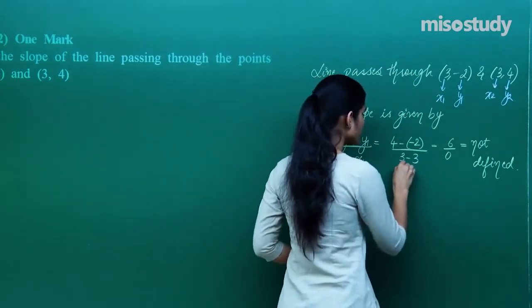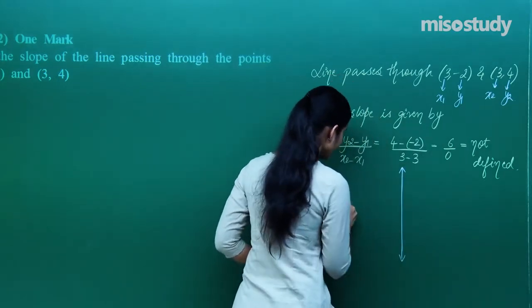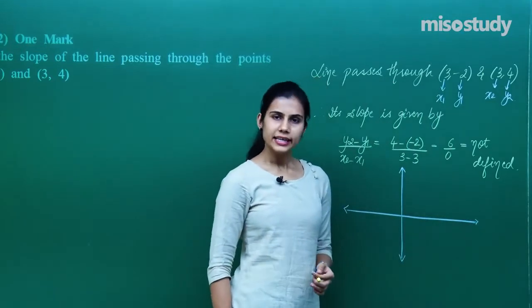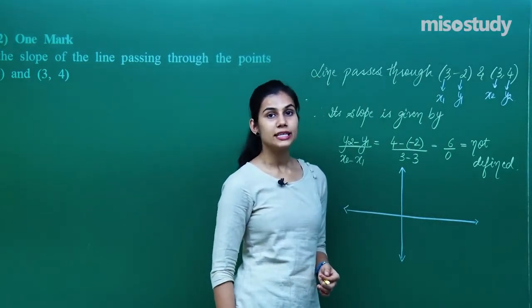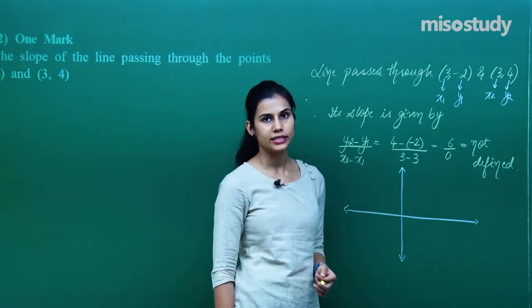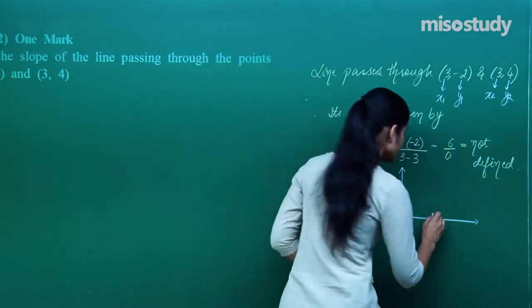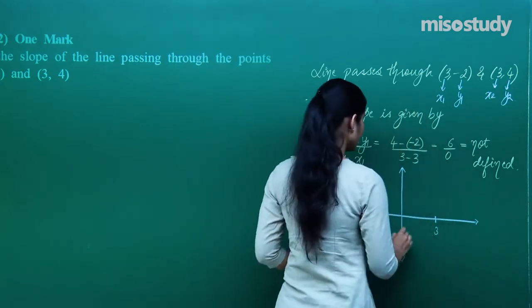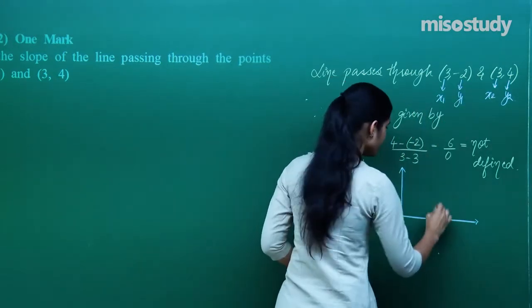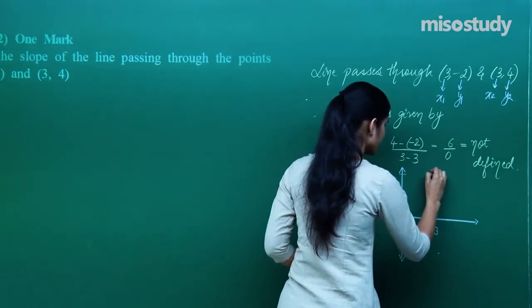Why? Slope of which line is not defined? The line which is parallel to y-axis or perpendicular to x-axis is the line whose inclination is 90 degrees, and because tan 90 is not defined, therefore slope of such a line is not defined. Here suppose this is 3, then (3, -2) is somewhere here and (3, 4) is somewhere here.